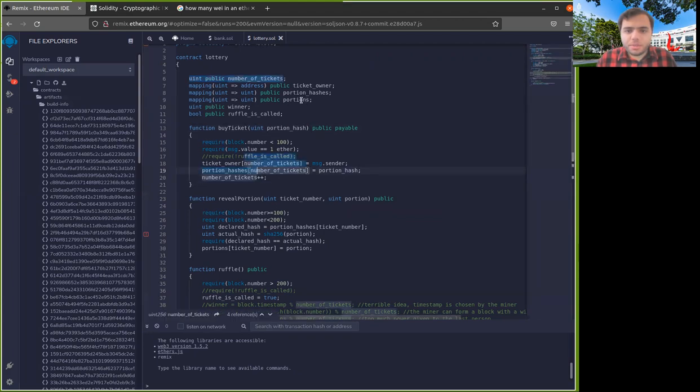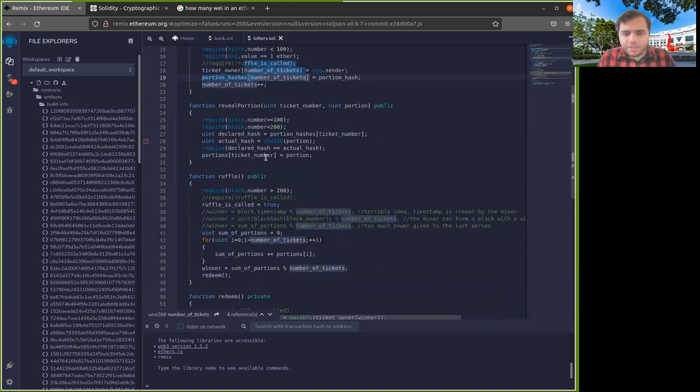I don't know what the portions themselves were. The only thing that I know is the hash of these portions. And so I cannot manipulate the result. I have to really choose my portion and my hash in a way that is totally agnostic to what others have chosen.